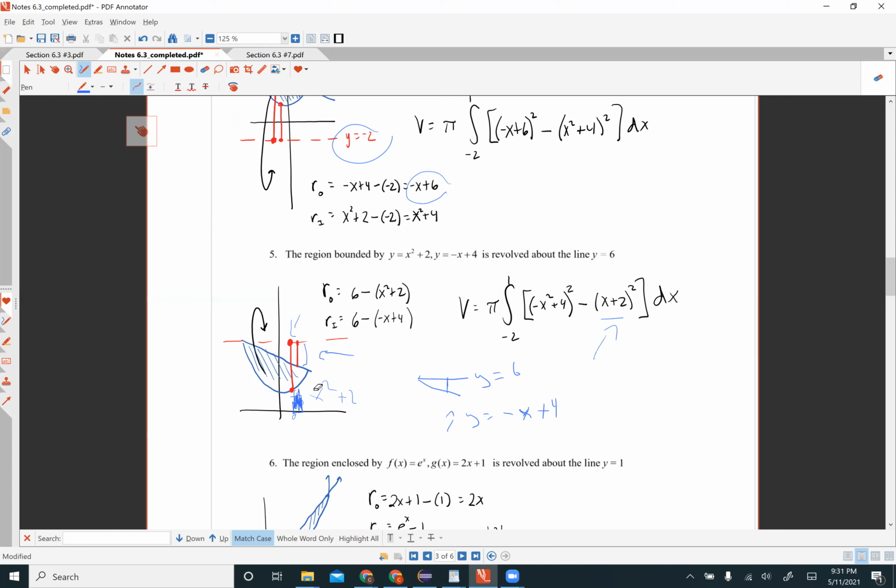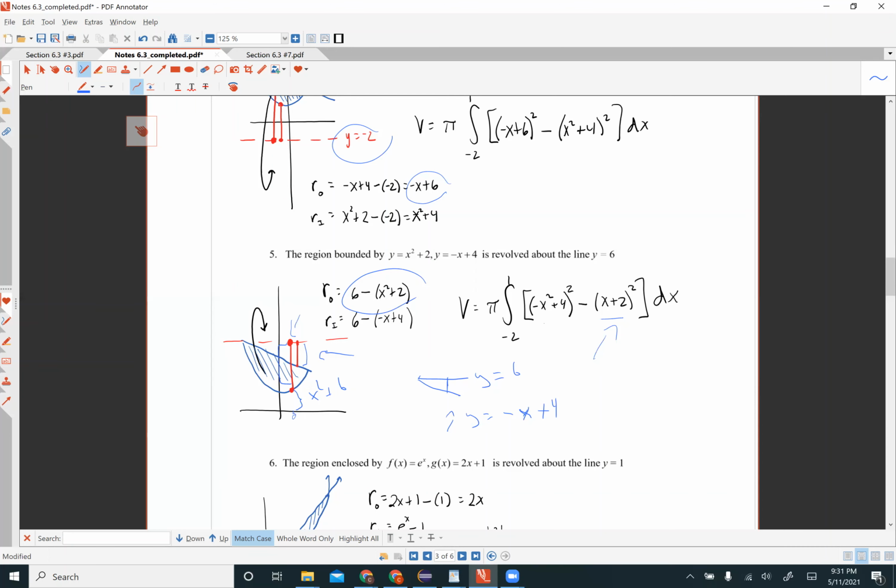So the bigger radius is right here. It's 6 minus x squared plus 2, which turns out to be 4 minus x squared.